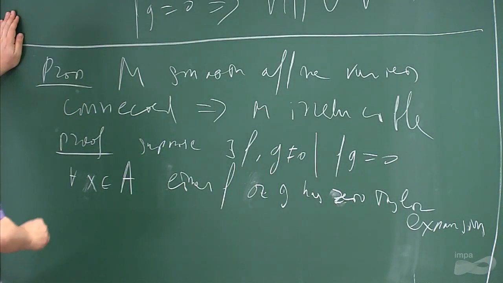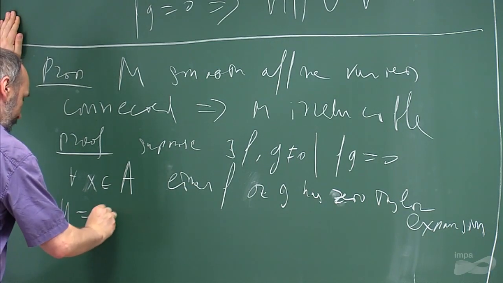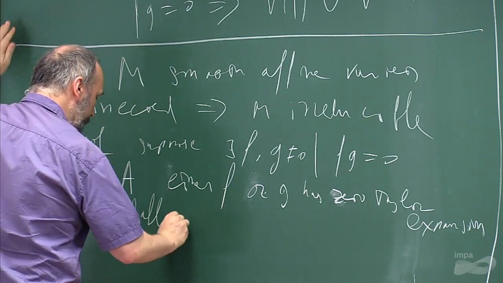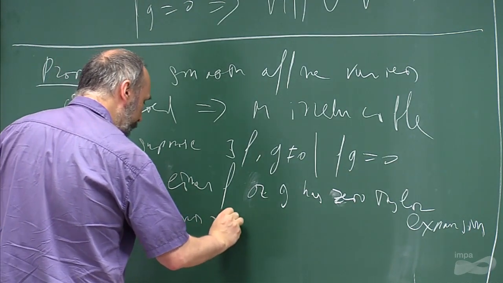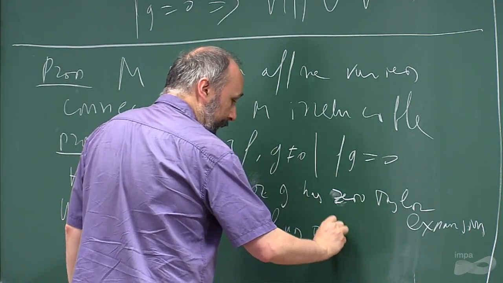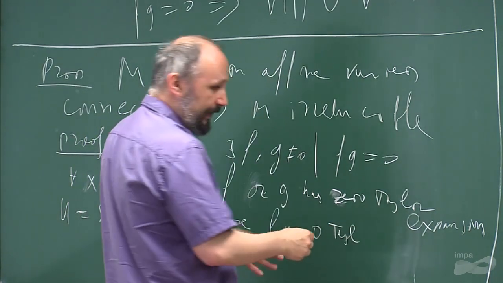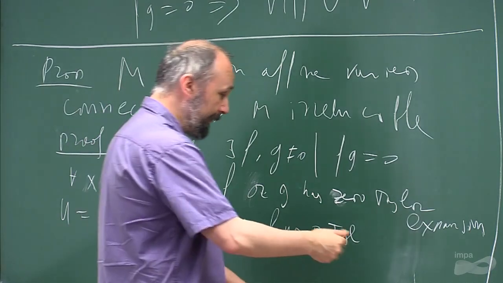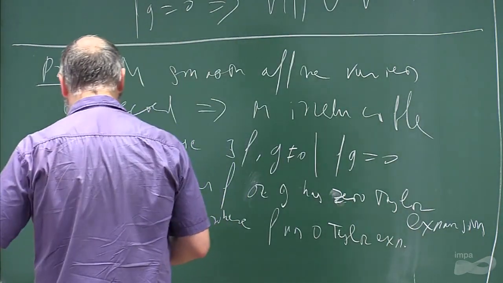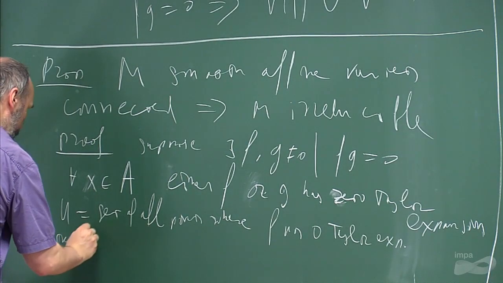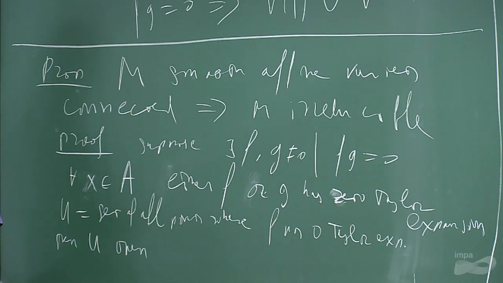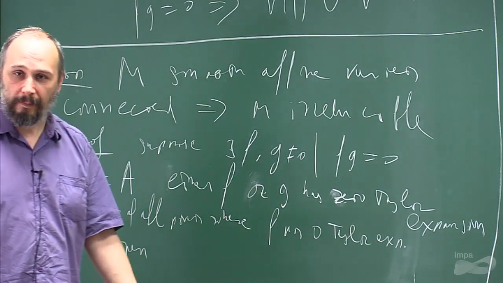Okay, so let U be the set of all points where f has 0 Taylor expansion. This means that it has 0 derivatives. All derivatives are 0. Then U is open. Why? Because it's analytic.